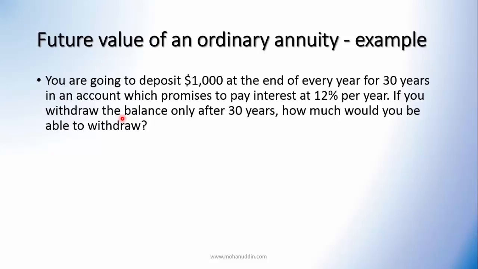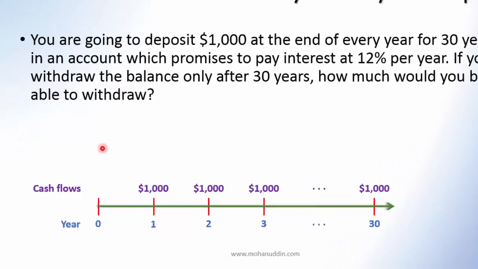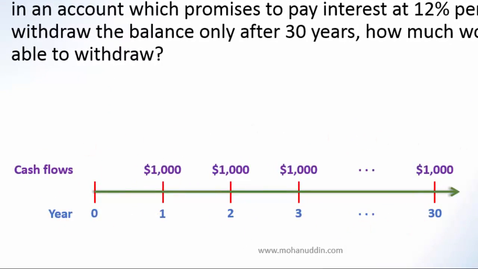Before solving this kind of problem, we have to draw the cash flow timeline so that we do not make any mistake. You can see in the cash flow timeline it is the same as before, but we have 30 years here and our cash flow is 1,000 every year. From here we have to check whether it is an annuity or not.